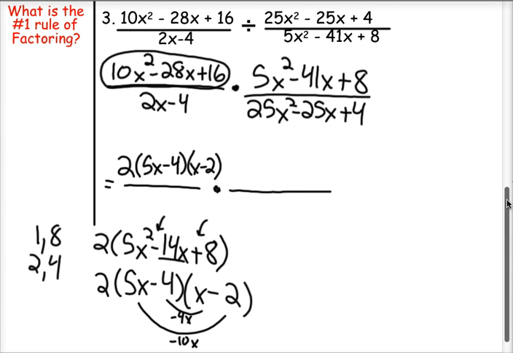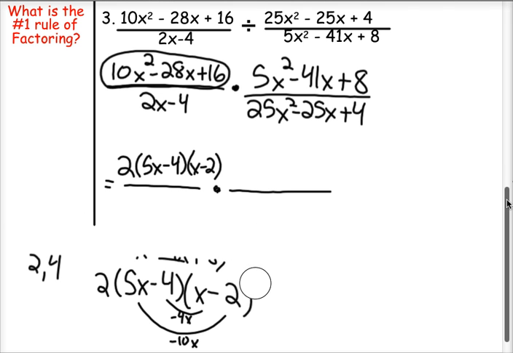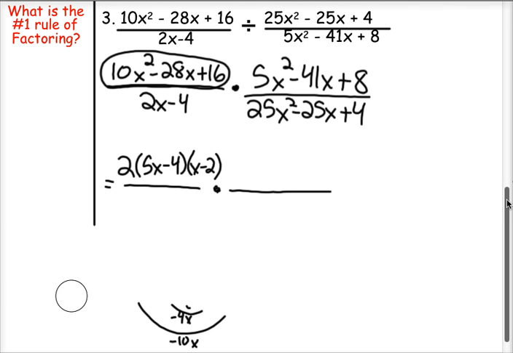All right, now again, to conserve space, I'm going to erase what I just wrote. So if you still need to write it down, pause the video for a moment, because I am going to erase it, because I need more space to show the rest of the work. The next part I'm going to focus on, that 2x minus 4.